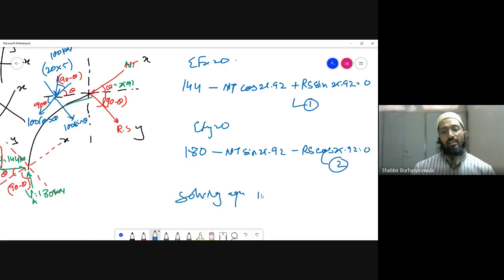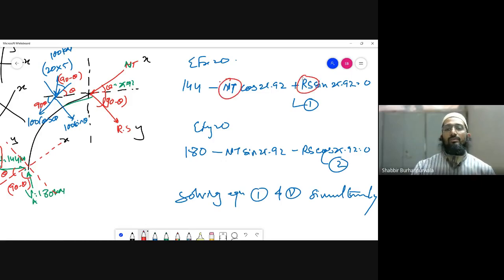Solving equation 1 and 2 simultaneously. If you solve these equations simultaneously, how many variables do you have? 2 variables. You can put this as a, this as b in your calculator.